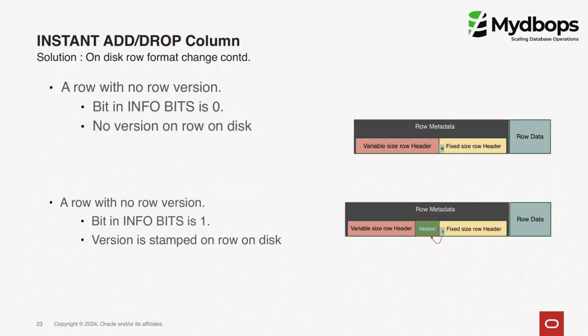With this in mind, if we look at any row on the disk where that bit is 0, this is how the row would look: the row metadata, which has two parts, the variable size row header and the fixed size row header, and the actual row data. But if this bit is 1, this is how the row would look on the disk: row data, row metadata, variable size and fixed size, and in between there is a version stamped with 1 byte.